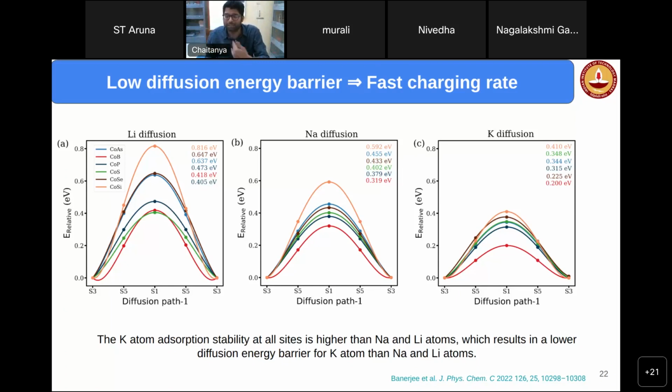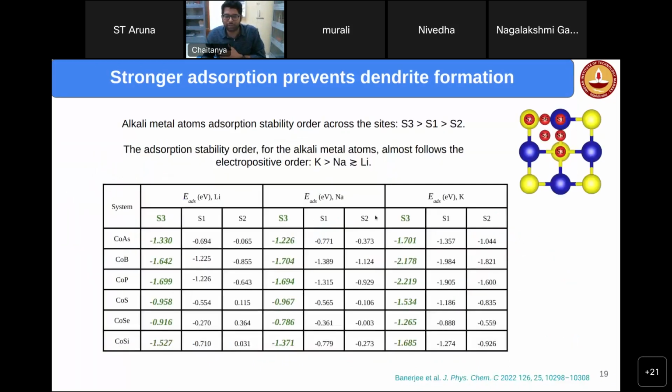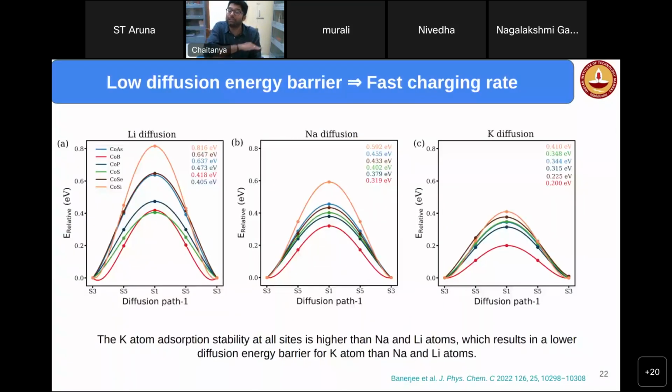We have plotted those kinds of differences in the sites, and you can also see from these values if you want to compare the differences. But I don't want to go into that much detail, just take my word here. What we observed was, for the case of potassium, the difference between the S3 and S1 sites, or S3 and S2 sites, is smaller. For that reason, the diffusion energy barrier for potassium is lower when compared to sodium and lithium.